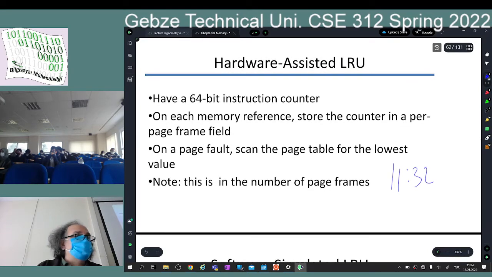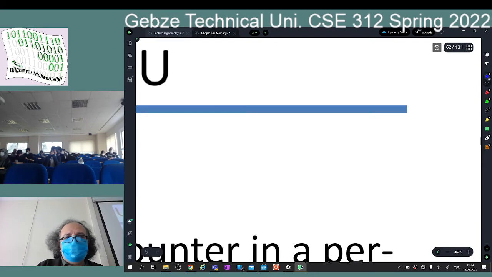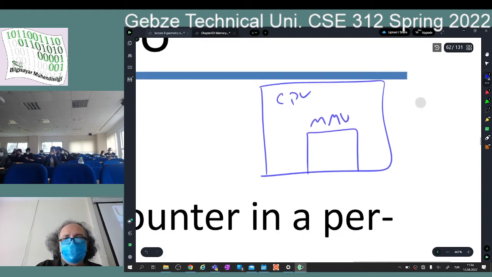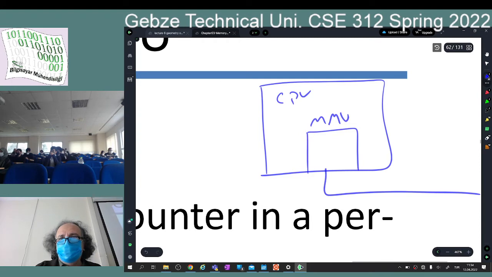Okay, so remember our MMU unit inside our CPU. There is an MMU, and the MMU is connected to our memory like that. This is our memory.